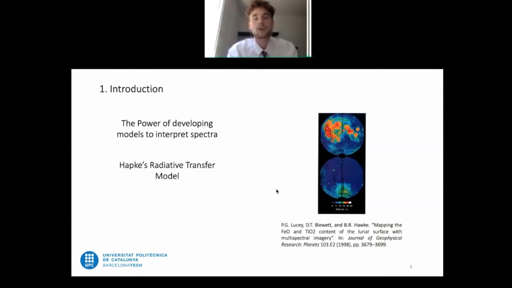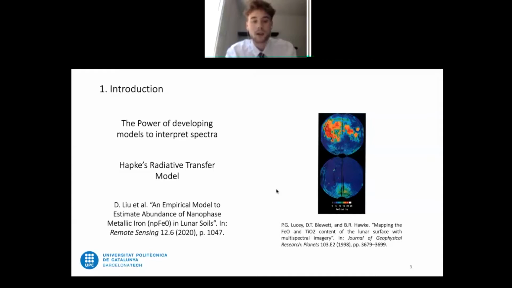However, this model only uses the reflectance spectra within the visible and near-infrared regions of the electromagnetic spectrum. Discussed in this study is the effect of implementing smaller wavelengths in order to gain a better understanding of the substances on the surface of the particles present on the lunar surface.